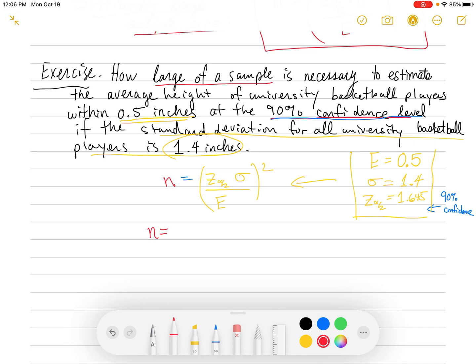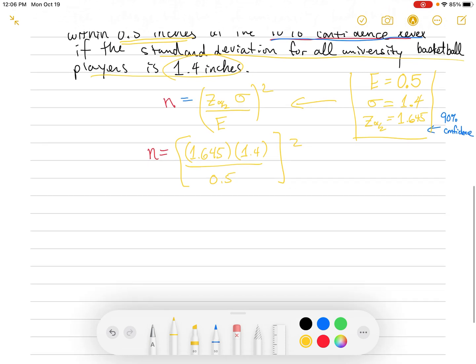If I plug these numbers into my formula for my sample size that's required, my sufficiently large sample size, I'm going to have, let's see, for z alpha over 2, 1.645, multiplied by sigma, which is 1.4, divide that by 0.5, and then after that square.